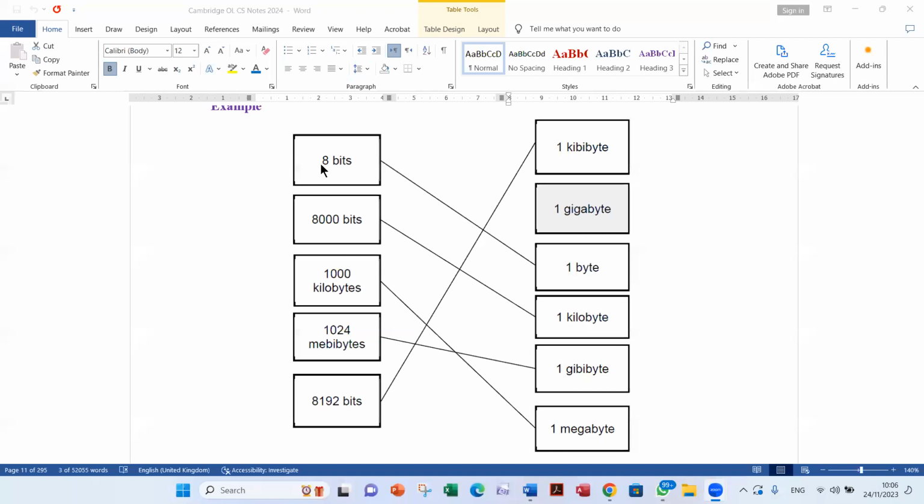Okay, so 8 bits is 1 byte. 1,000 bytes is 1 kilobyte, because a kilo is 1,000.